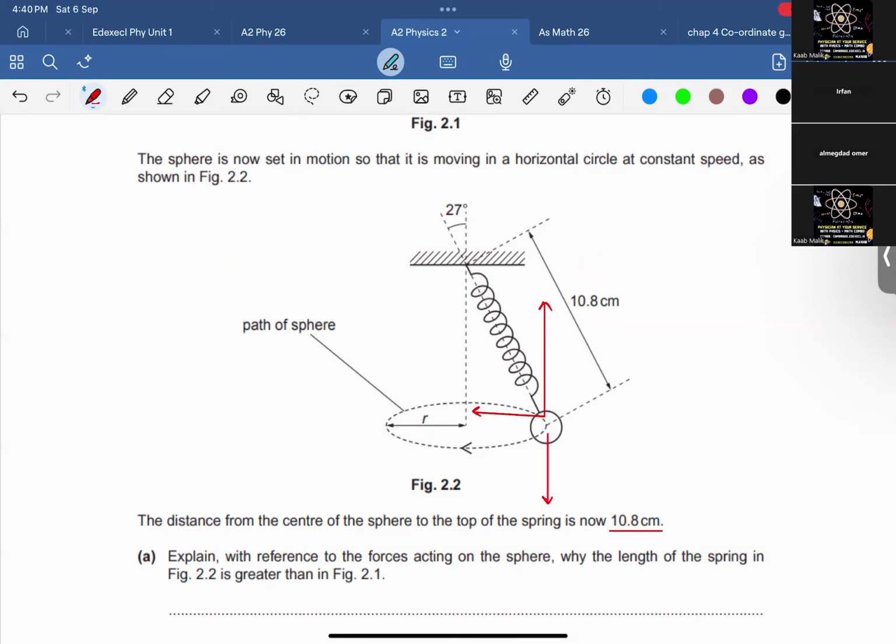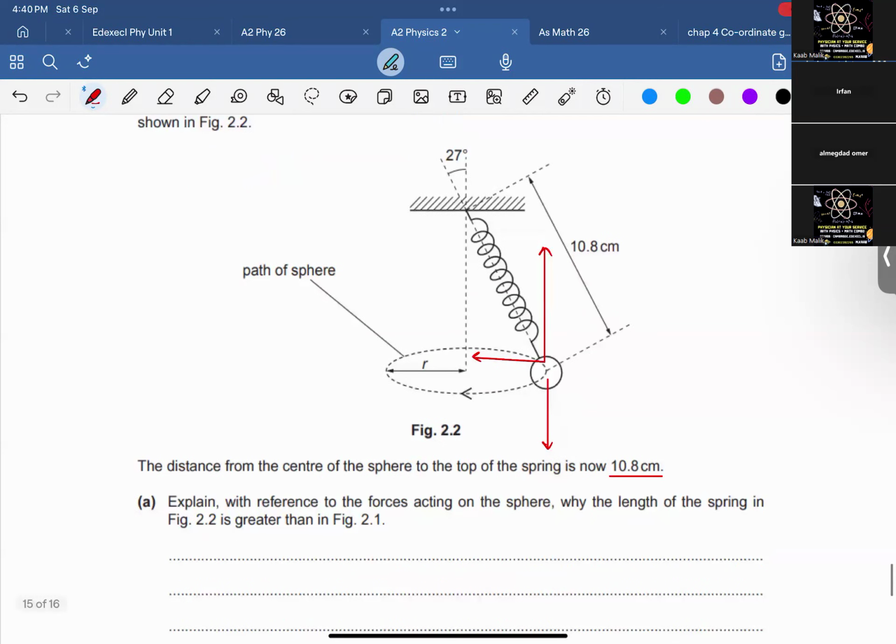The horizontal component is basically unbalanced, which produces the tension in the spring, which causes the spring to extend.